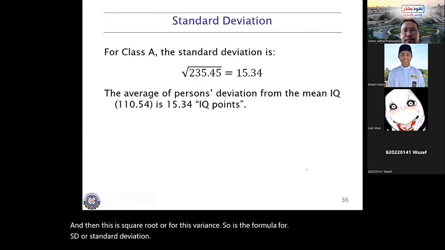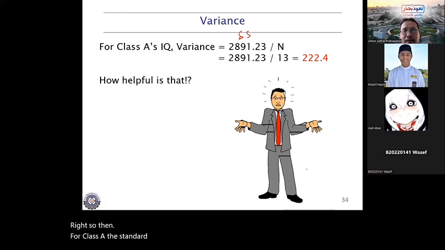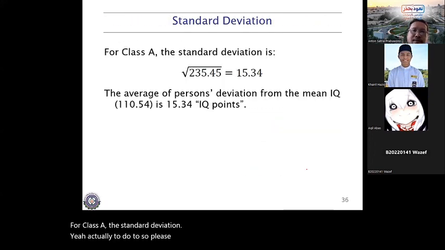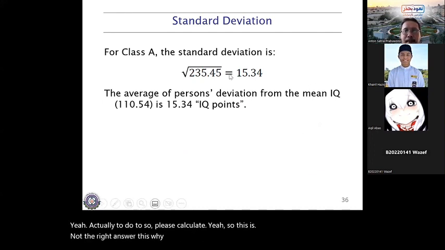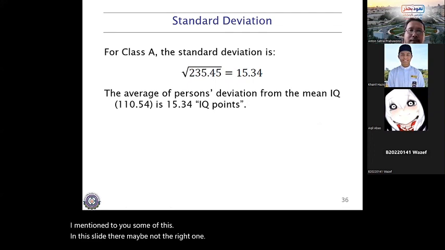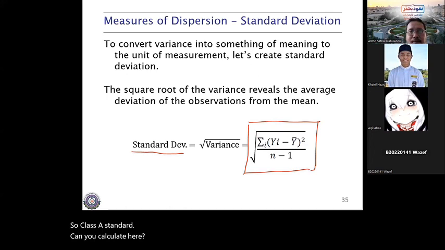Right, so for class A, the standard deviation, please calculate. So this is not the right answer. That's why I mentioned to you that some of this in this slide maybe not the right one. So class A standard deviation, can you calculate here? Actually the square root of variance. So the variance we got this one, right?